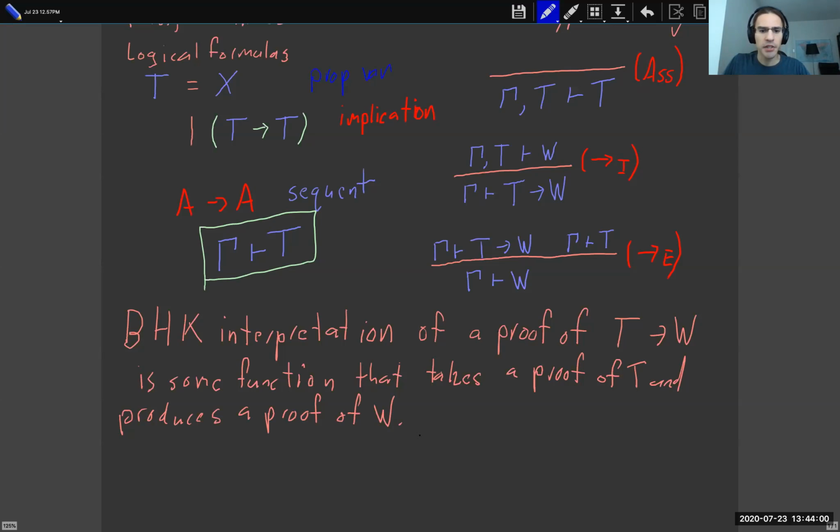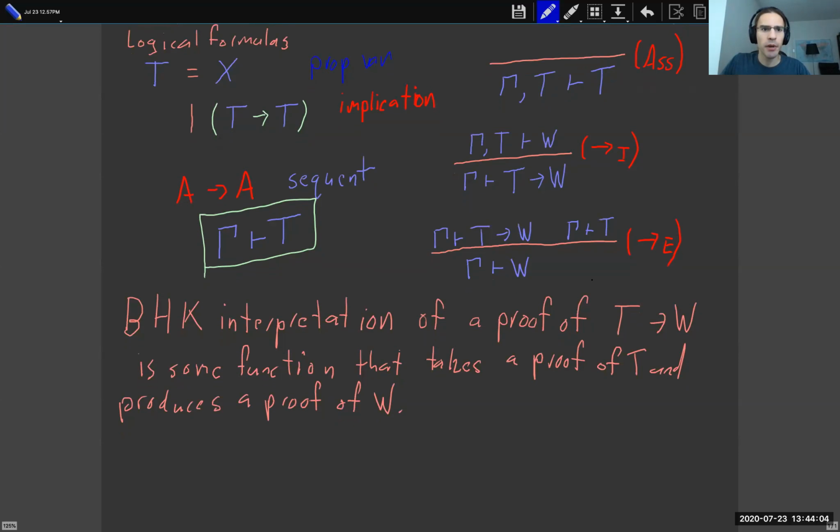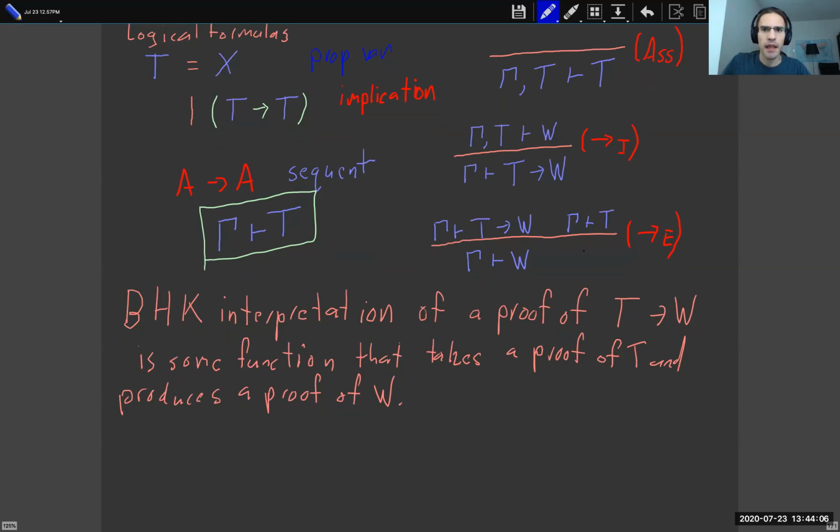Now, to that end, what do I mean by function? So here we bring in another grammar, and this is the grammar of lambda calculus terms. A lambda calculus term is one of three possible variants.